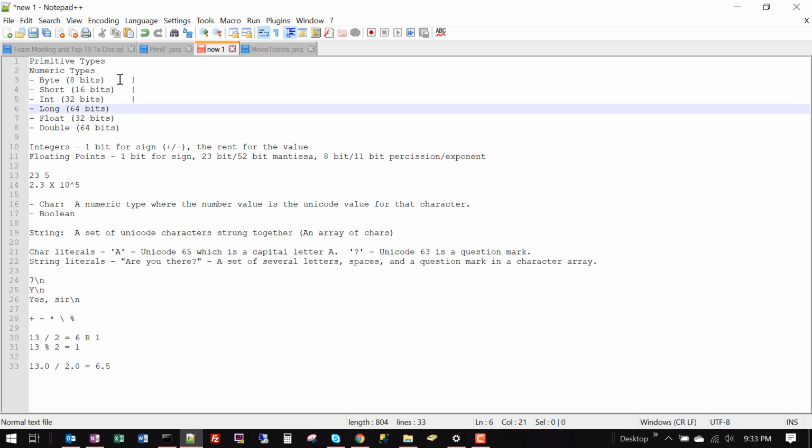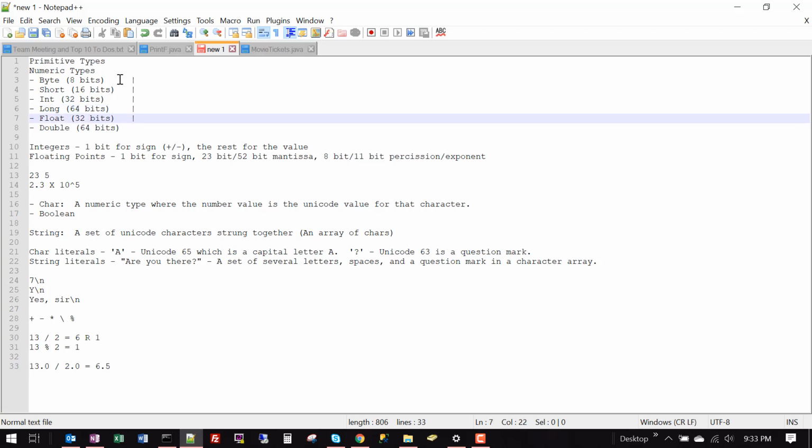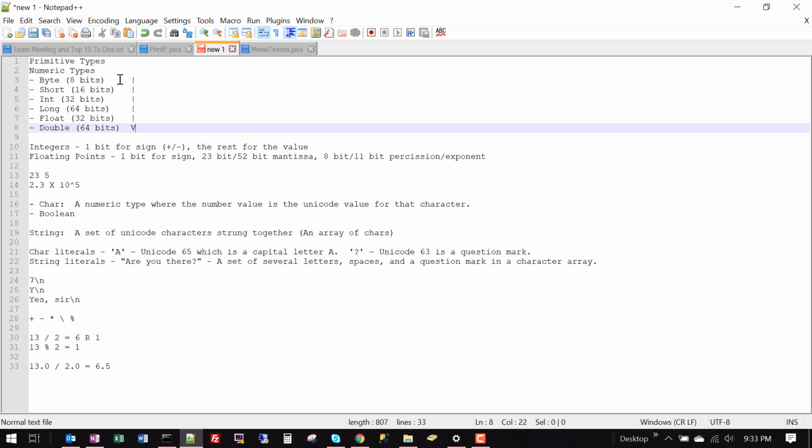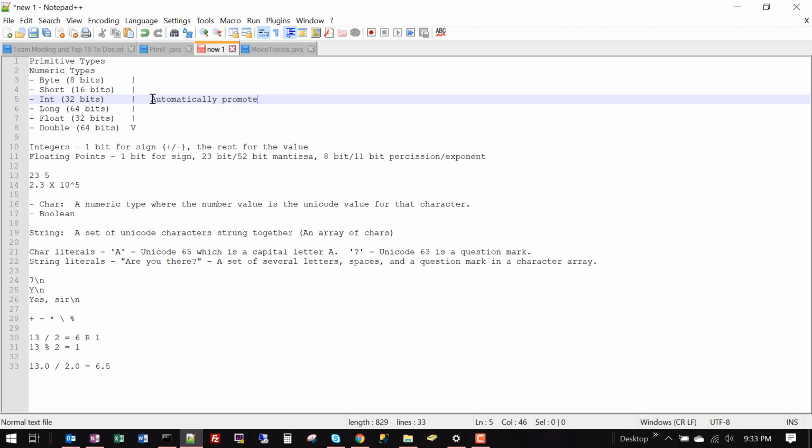When we work down this chain here, going from byte towards double, we can automatically promote values going that direction. When we go the other direction, we can't automatically demote.